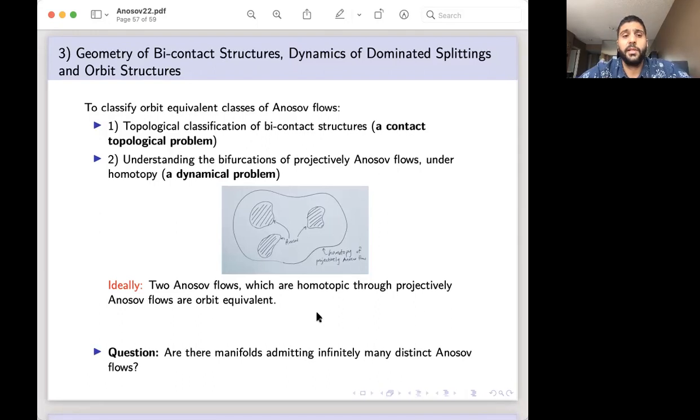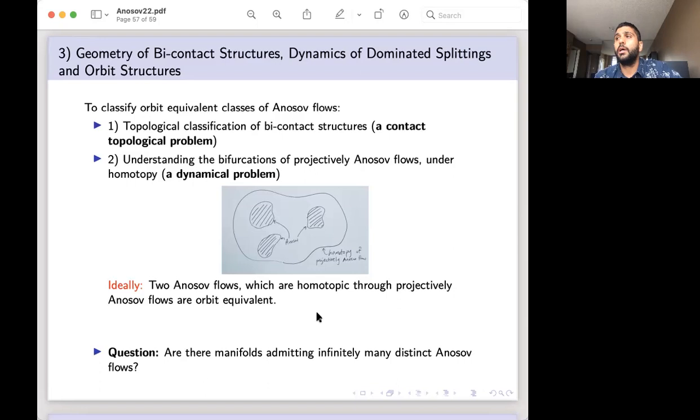It's a general open problem in Anosov dynamics to ask: are there manifolds admitting infinitely many distinct Anosov flows? As far as I know, we don't have any example yet. And at least in the atoroidal case, we have good reasons to believe that that might not be possible. In other words, maybe we can show that in the hyperbolic case, we have at most finitely many Anosov flows on any manifold.